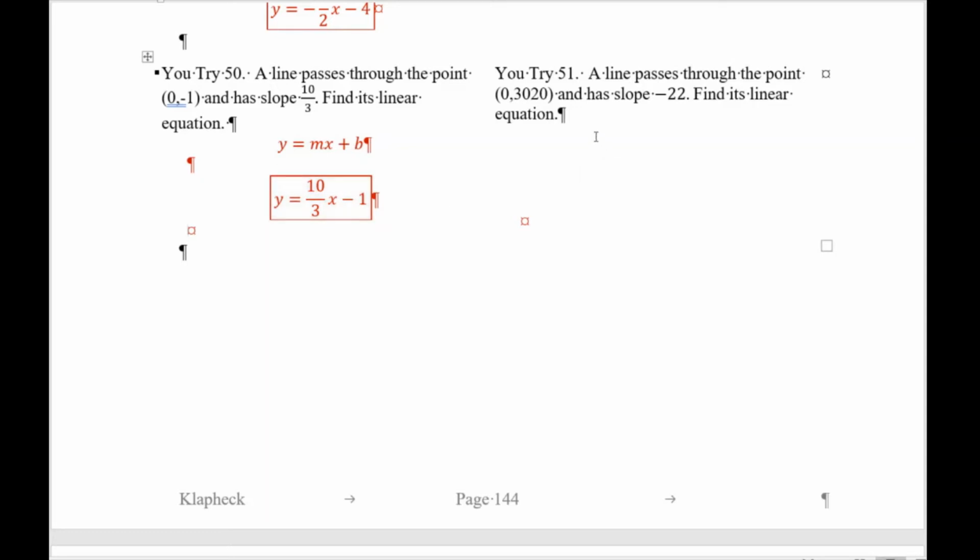And you try 51, a line passes through the point 0, 3020 and has slope -22. Find its linear equation. Again, we're given a y-intercept, so we use the second coordinate, 3020, as my b, and then for slope, I replace m with -22.